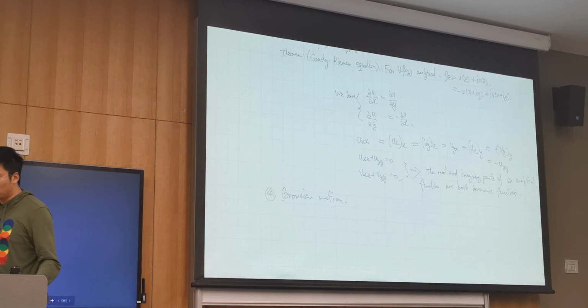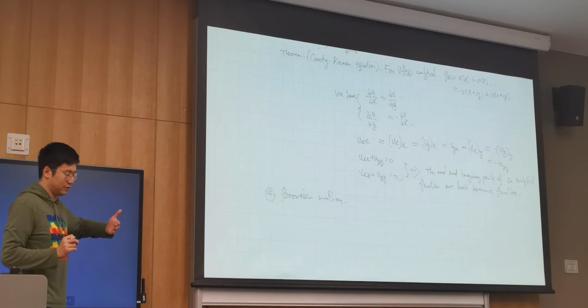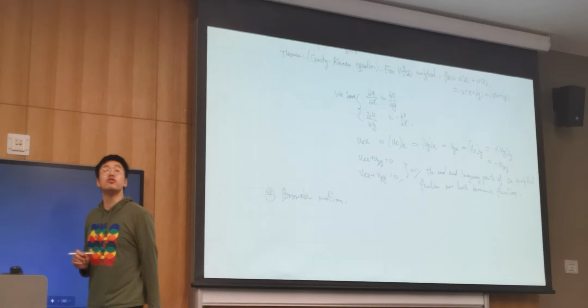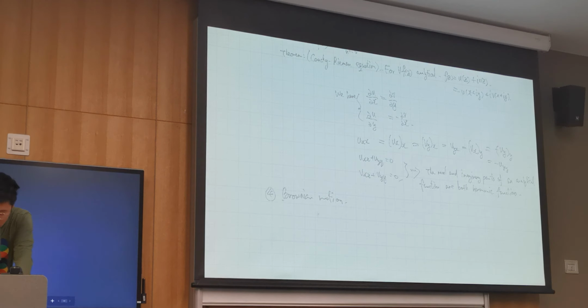Then we can derive the evolution of the probability density distribution of such a point by the diffusion equation, right? Which is that ut equals d Laplace u.